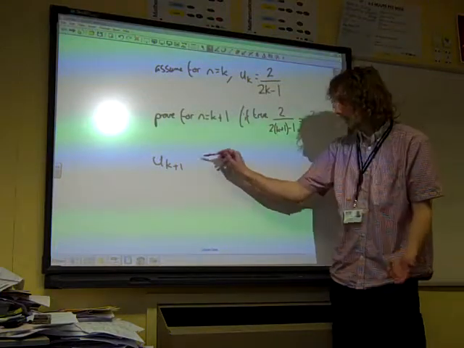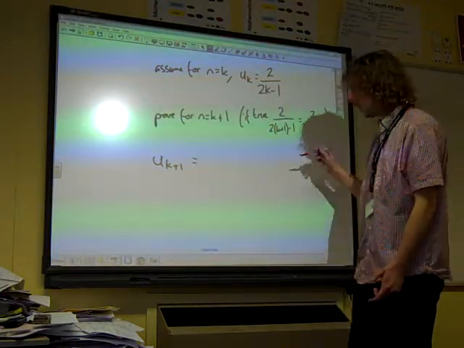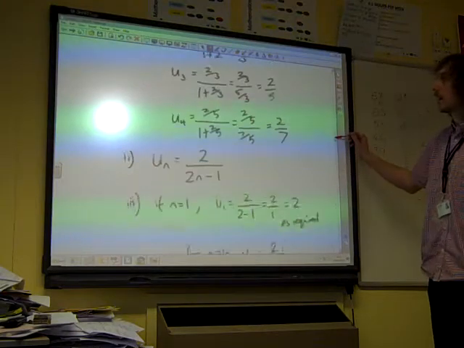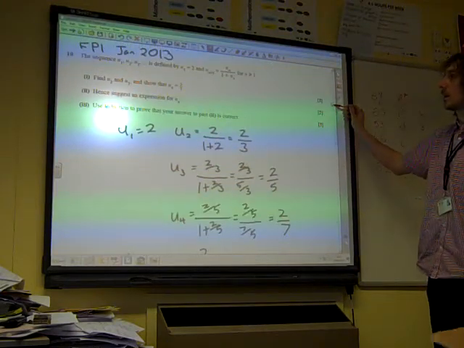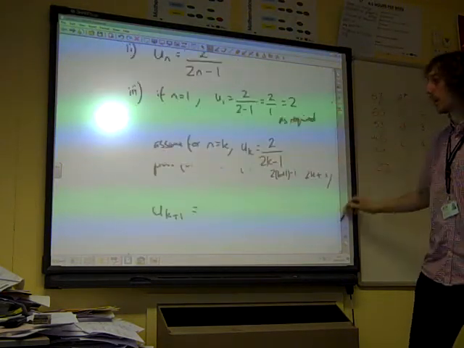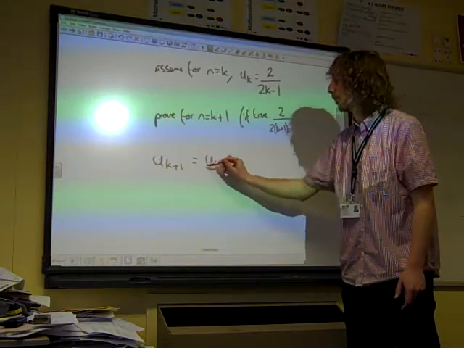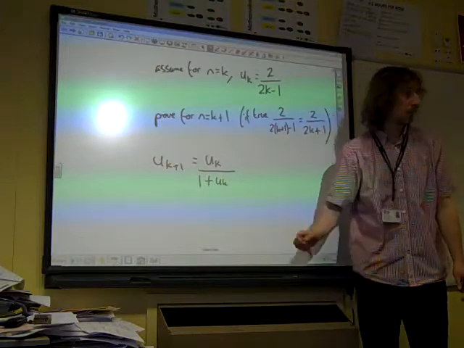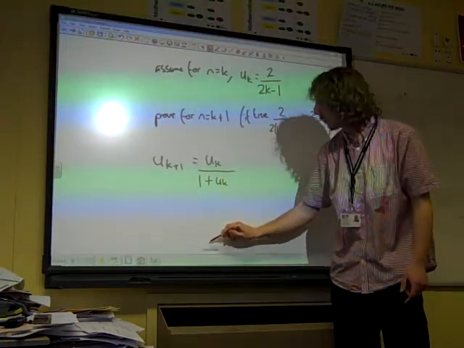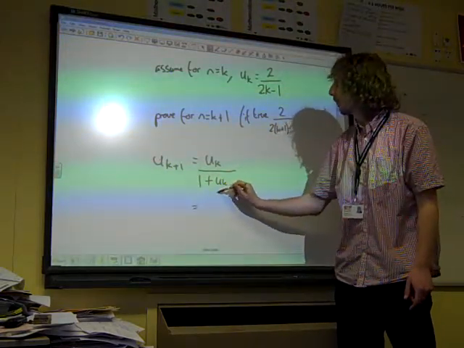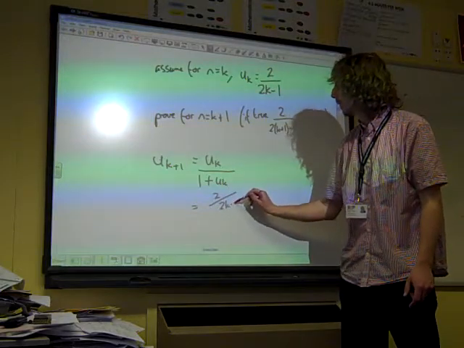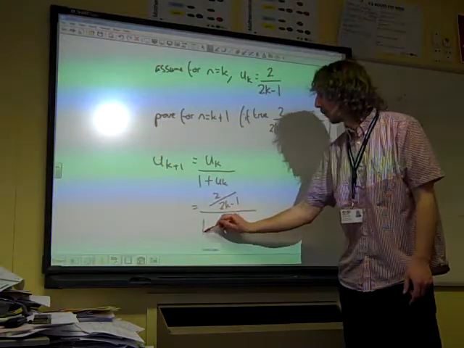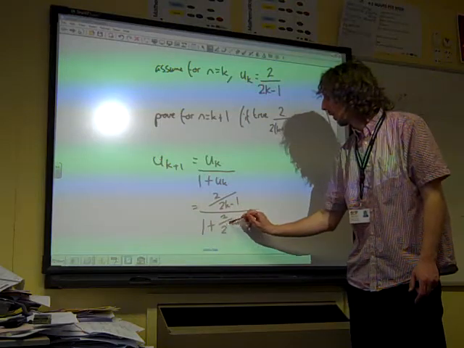And from the initial statement at the start of the question, U(k+1) is Uk over 1 plus Uk. And our assumption told us what Uk was. Our assumption said that this was 2 over 2k minus 1, and this would be 1 plus 2 over 2k minus 1.